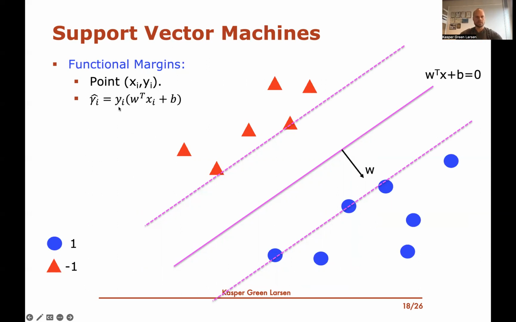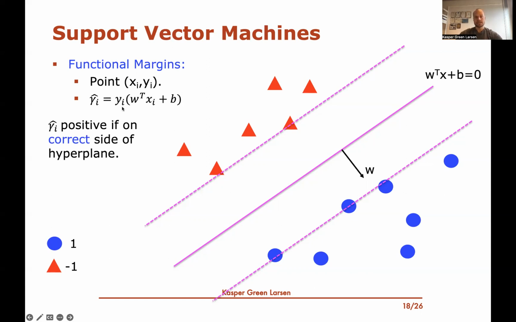This is what we call the functional margin. And we observe that this functional margin is positive if the training example is on the correct side of the hyperplane. Why is that? Because if it's on the correct side, then the sign of the prediction, w's inner product with xi plus bias, must be the same as yi, meaning they're either both positive or both negative.